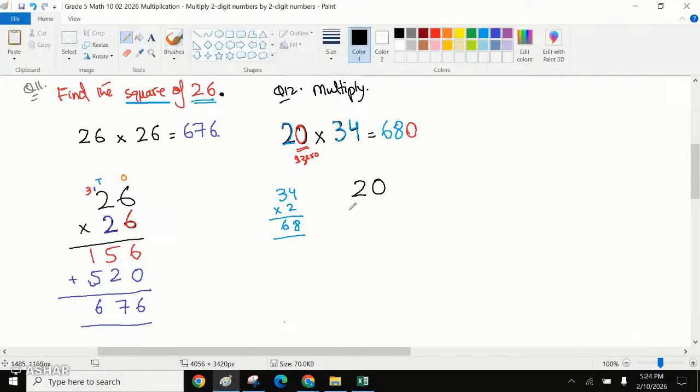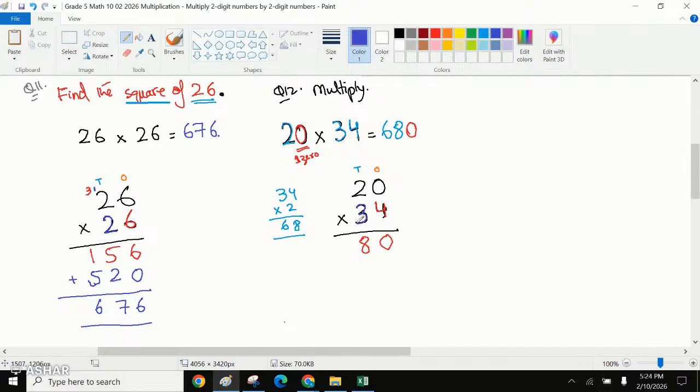So what we can say is, if 20 is to be multiplied by 34, the longer method, right? We have ones and we have the tens. When the ones is multiplied, 4 multiplied by 0 is 0, 4 multiplied by 2 was 8.